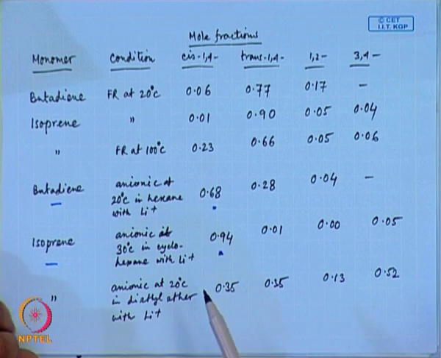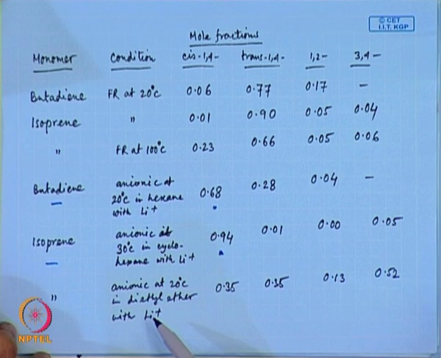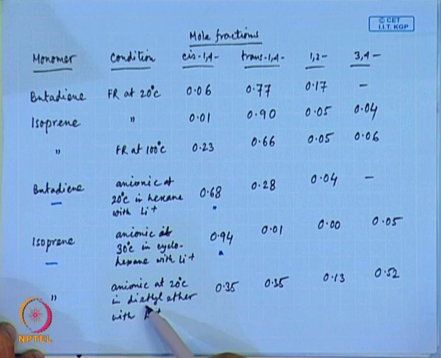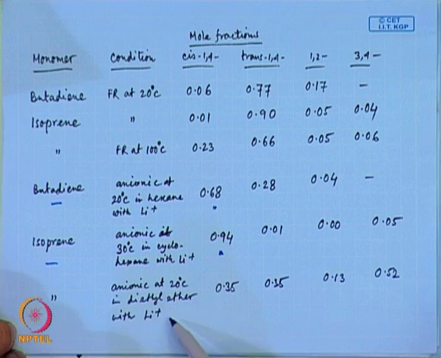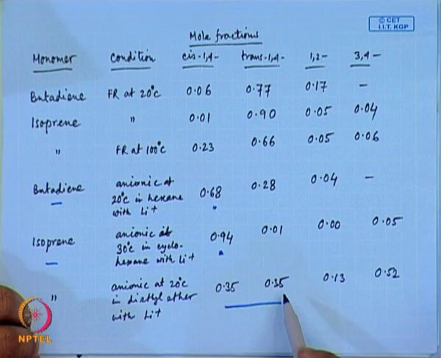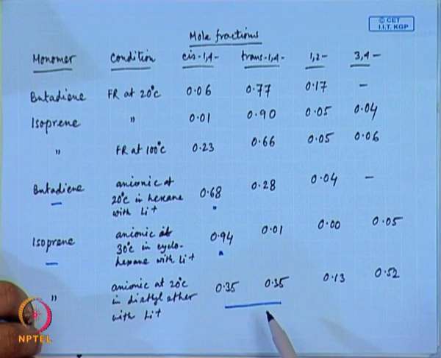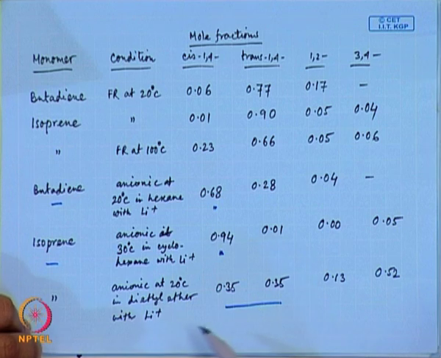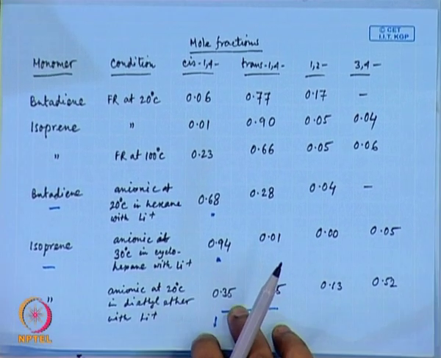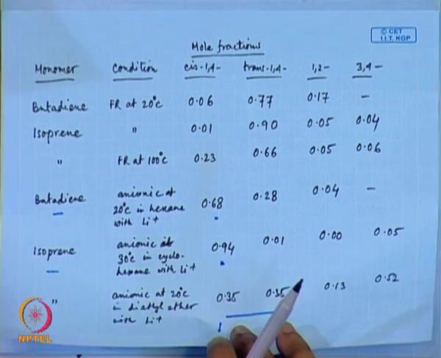Okay. If you increase the polarity of the medium, if you compare these two, the temperature is almost close. If instead of cyclohexane, you take diethyl ether, if you increase the polarity of the medium, keeping everything else, then look at this, the cis product is not that dominating now. Okay. If you increase the polarity further, then the cis product will become lower and lower, increasing the polarity of the medium. Okay.